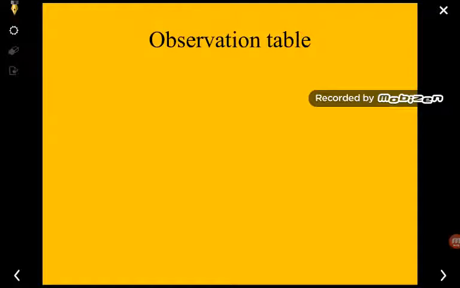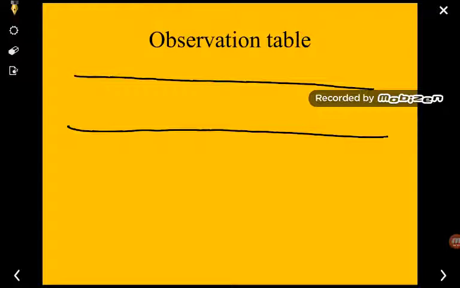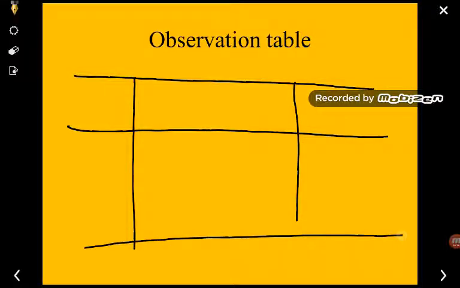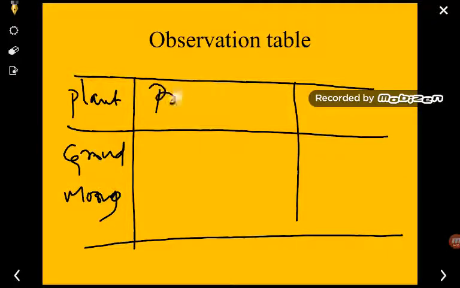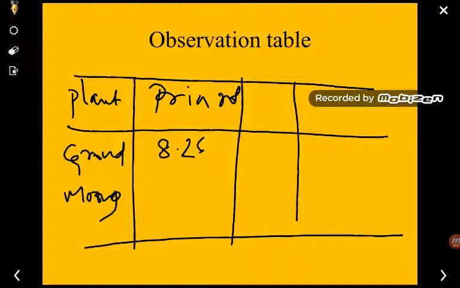After the observation table, we have to make a final table, and in this table we are going to find out the conclusion. Here we know that these are the plants. We have selected 2 plants, the groundnut plant as well as the moong plant. Whatever primary root length you get, that is 8.26, you have to write it down.